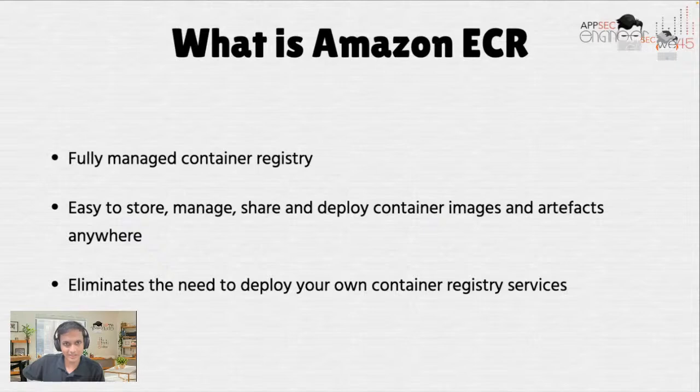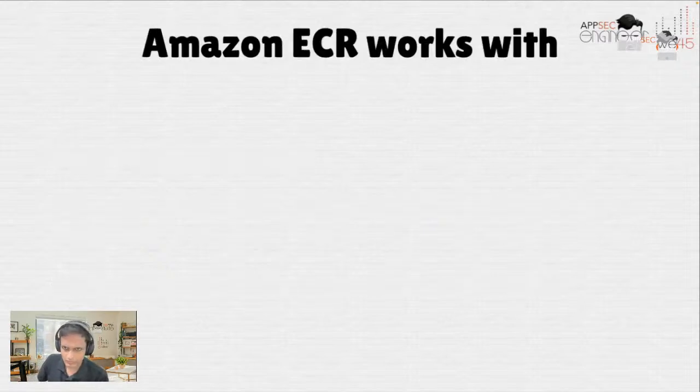The integrations that are provided by ECR and the ease of use are almost unmatched. And finally, it eliminates the need of having to deploy and maintain your own container registry service, right? So all of those bottlenecks, all of that hassle is taken away. You can leverage Amazon's infrastructure to start storing and using all of your Docker images from there.